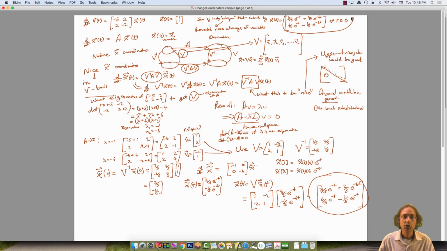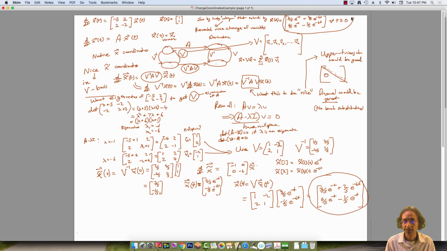So for these problems now, we have an approach. Given any system of differential equations, whatever that system is, if it can be expressed in vector matrix form using a constant matrix A, we look for a basis that's an eigenbasis for the matrix A. Namely, we find all of the eigenvalues and eigenvectors of that matrix.